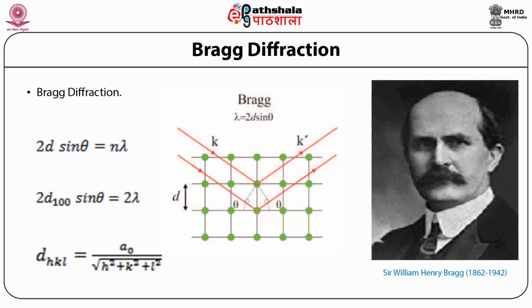Now here you see d100 is shown. 100 means we are talking about some family of planes. That family of planes has a particular separation between the planes, which is defined in the formula below: if a0 is the lattice constant of the cubic crystal, then the Miller indices hkl have the relation shown in this slide, and you can find the d spacing from here.